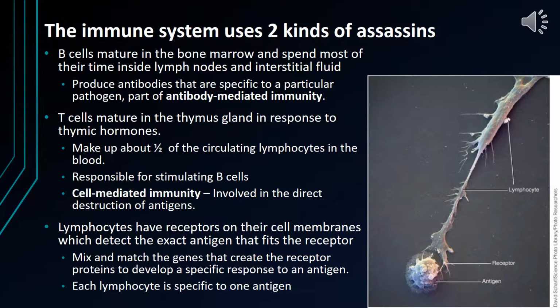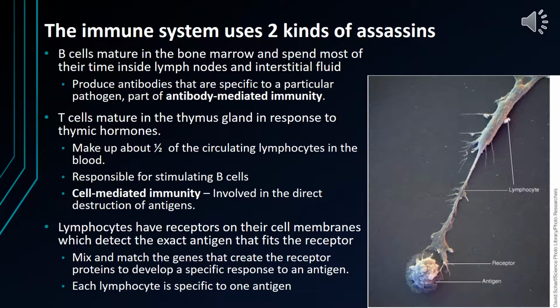Now the B cells get the B in their name from the fact that they were first discovered in the bursa of Fabricius in fowl, which is essentially just an organ like the thymus, but B cells mature within it. And we don't have this organ in humans, as the B cells mature in the bone marrow.